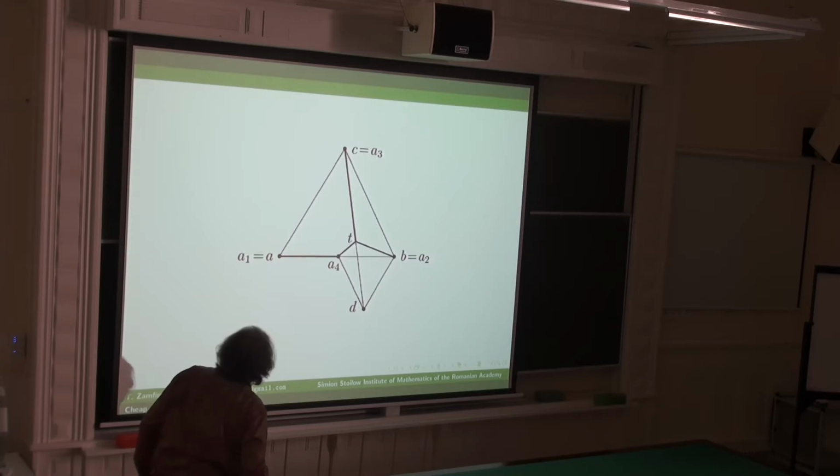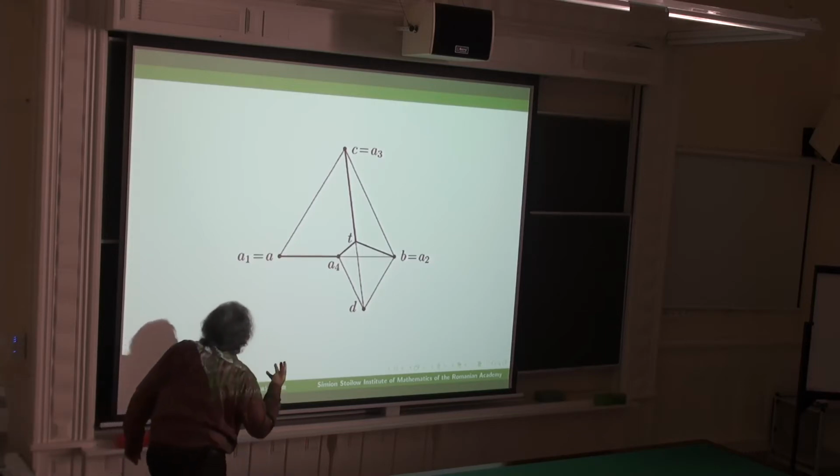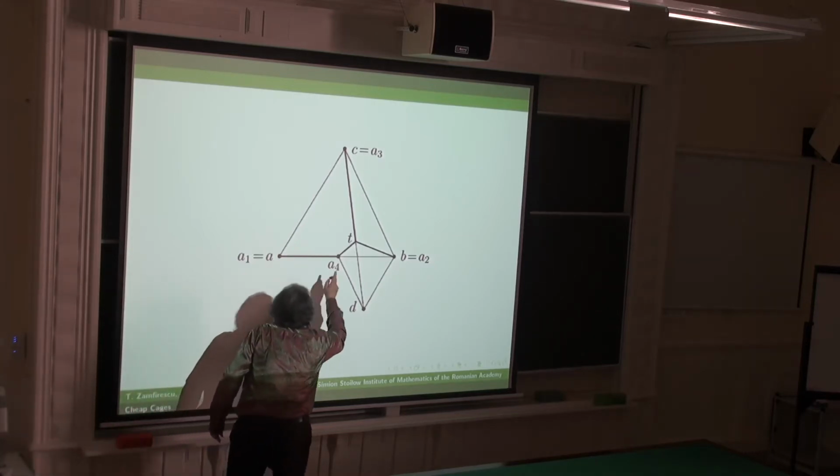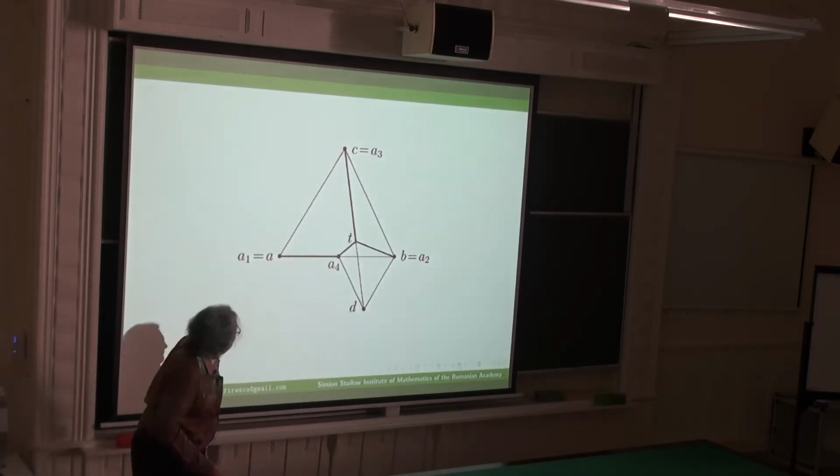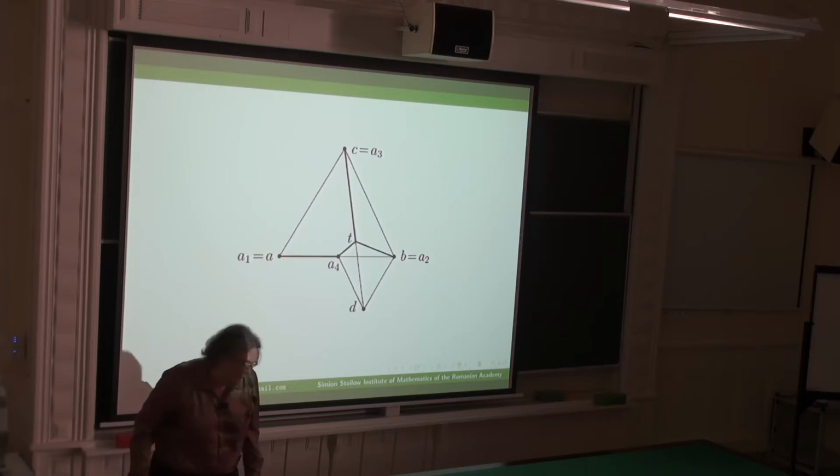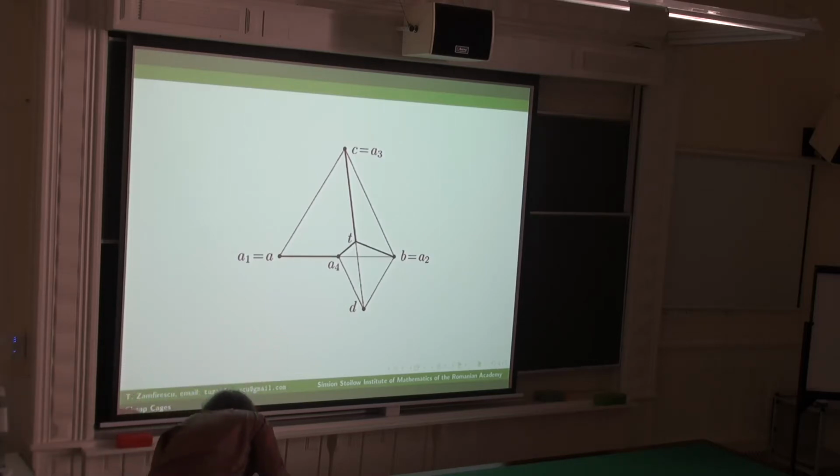Then taking 4 points in the convex hull, A, B, C, and A4, will give you a longer Steiner tree.